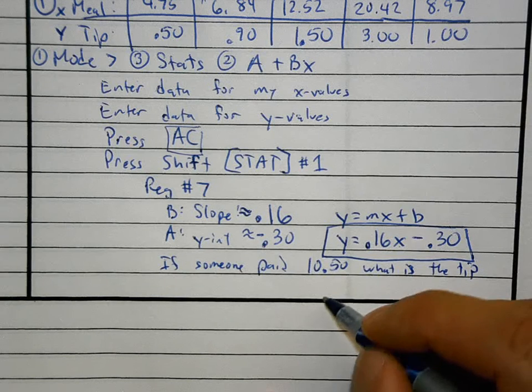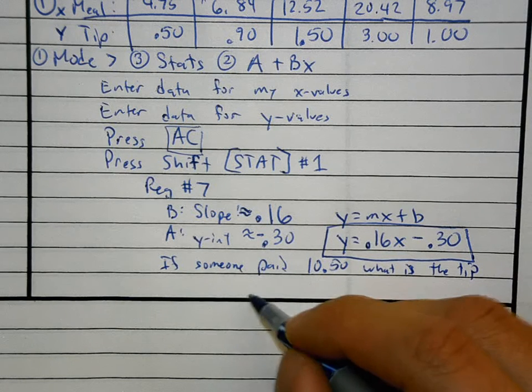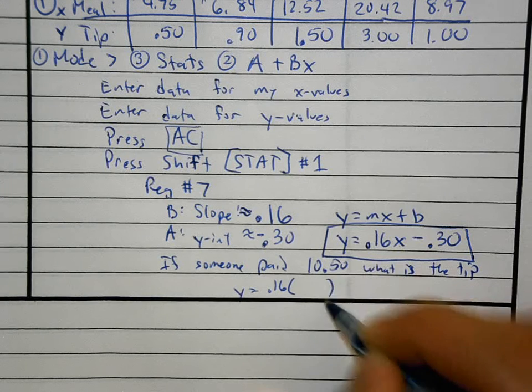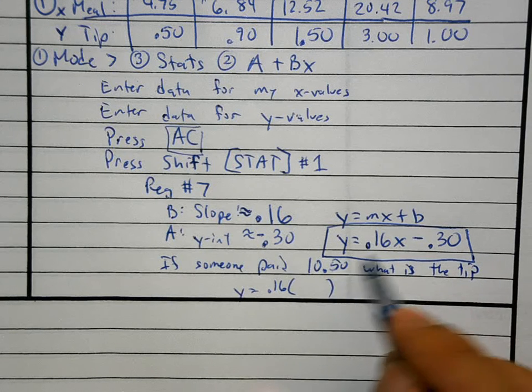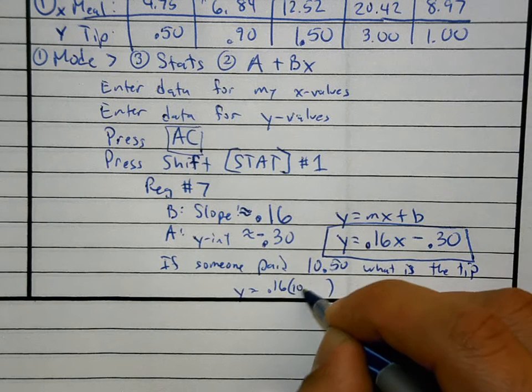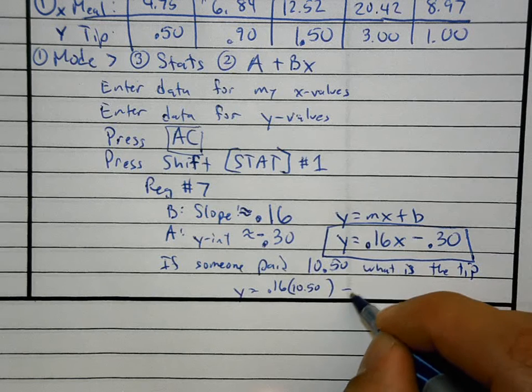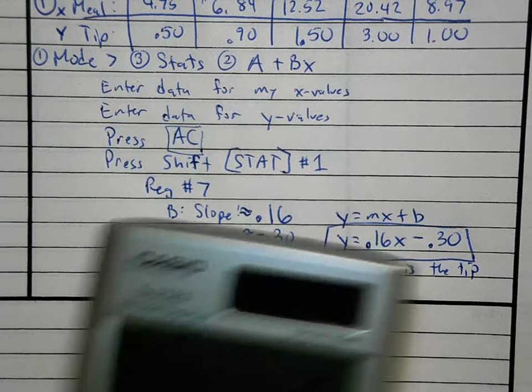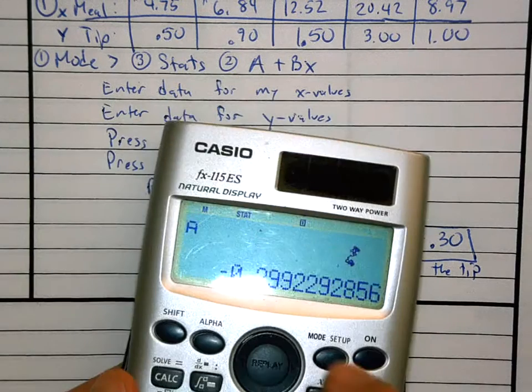So what I'm going to do is put in y equals 0.16, and now I'm going to plug in 10.50 for my x to make a prediction, minus 0.30. And I can do that on my calculator.